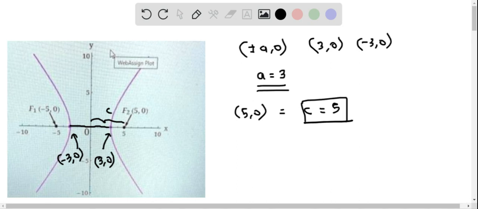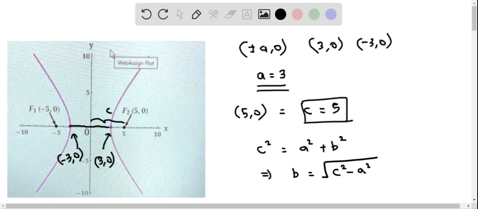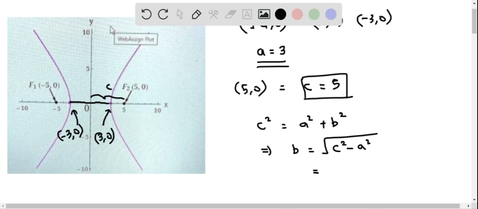We also use the relation to determine the value of b, that is c squared equals a squared plus b squared. From that we solve for b, that is b equals the square root of c squared minus a squared. So let's find b using the value of c and a.